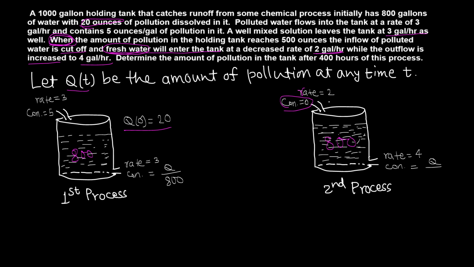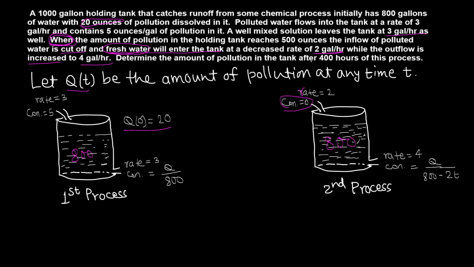It's draining because getting in at 2, getting out at 4. That means this tank is losing 2 gallons per hour. So 800, that's the initial, minus 2t. That's the volume of the water at any time. So 800 minus 2t. We have all the information for the second process as well.